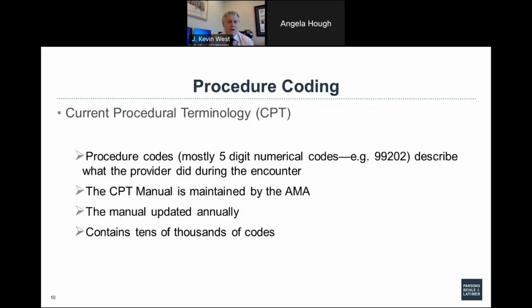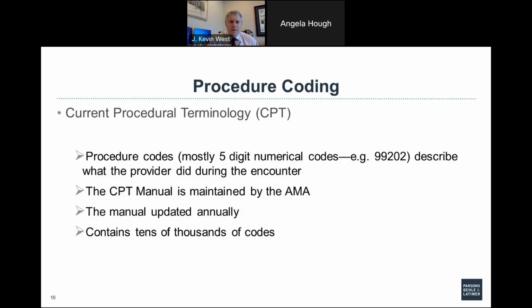And these codes tell the payer what the healthcare provider did during a particular patient encounter. The CPT manual, the rights to it are owned by the American Medical Association. It's maintained by them. It's updated annually, and like the ICD-10 manual, it contains tens of thousands of codes.